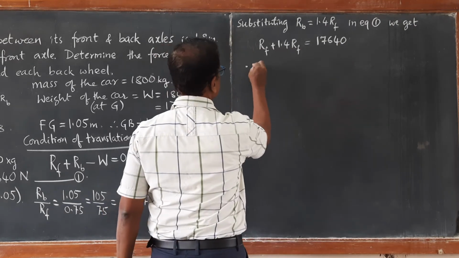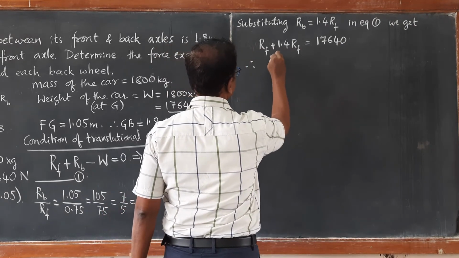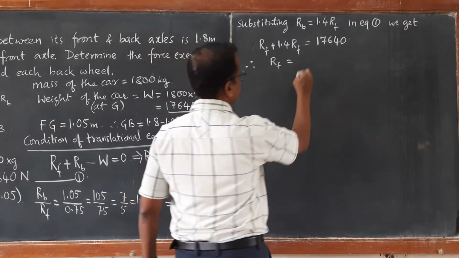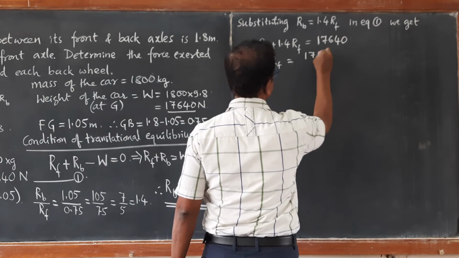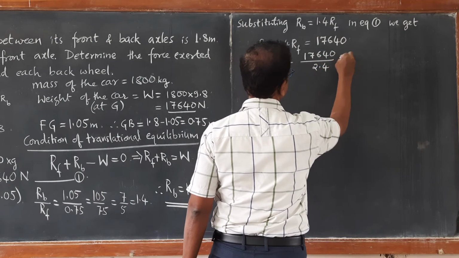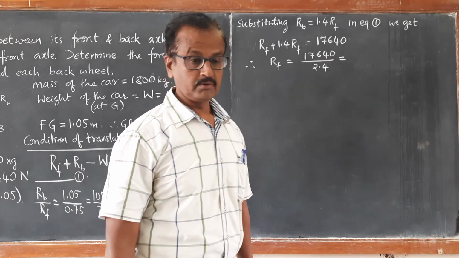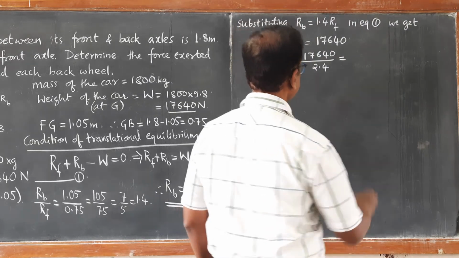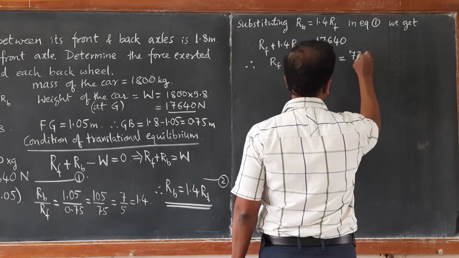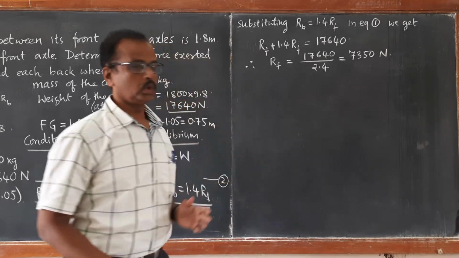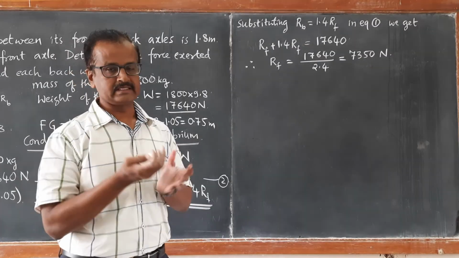Therefore RF is equal to 17640 divided by 2.4, since 1.4 plus 1 is 2.4. If you simplify this, it comes out to be 7,350 Newton. This is the total reaction force on the front wheels.